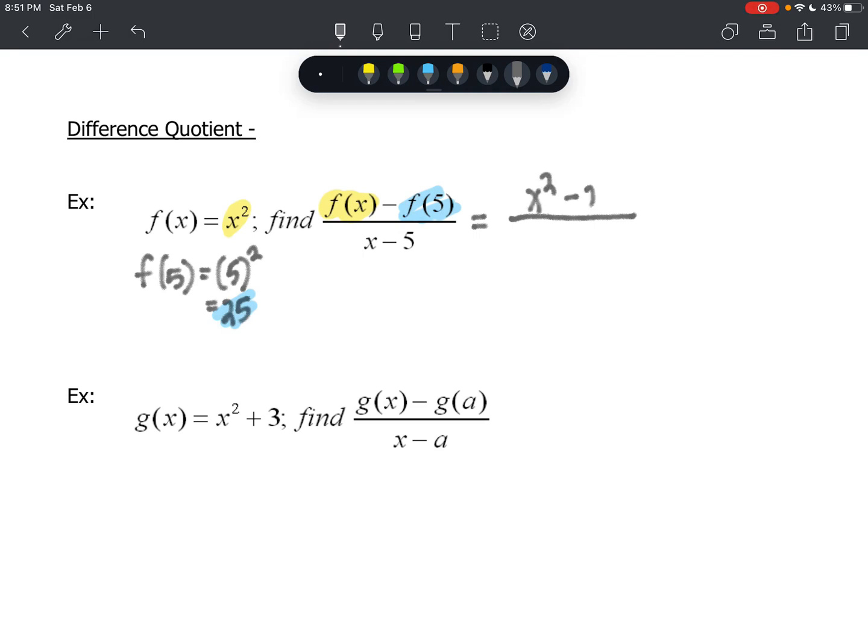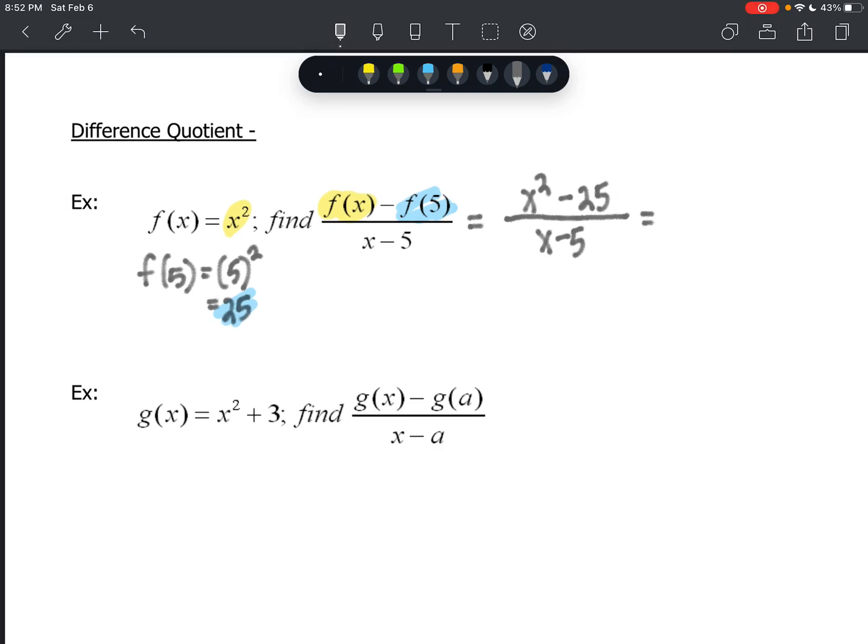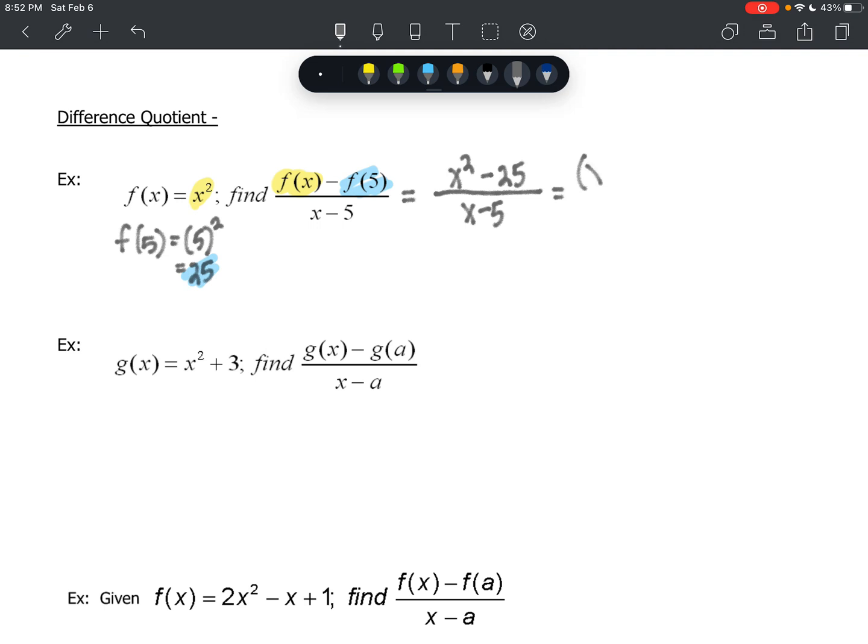In place of f of 5, I've got 25. And then we've got over x minus 5. Now we just have a rational expression that we need to try to simplify, which we can simplify. x squared minus 25 factors to be (x plus 5)(x minus 5), over the binomial x minus 5, which is a common factor now to the x minus 5 in the numerator. So our difference quotient is x plus 5.